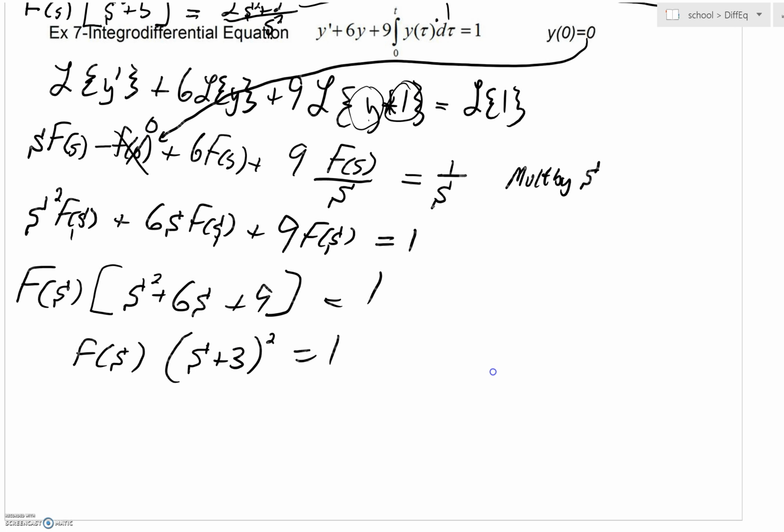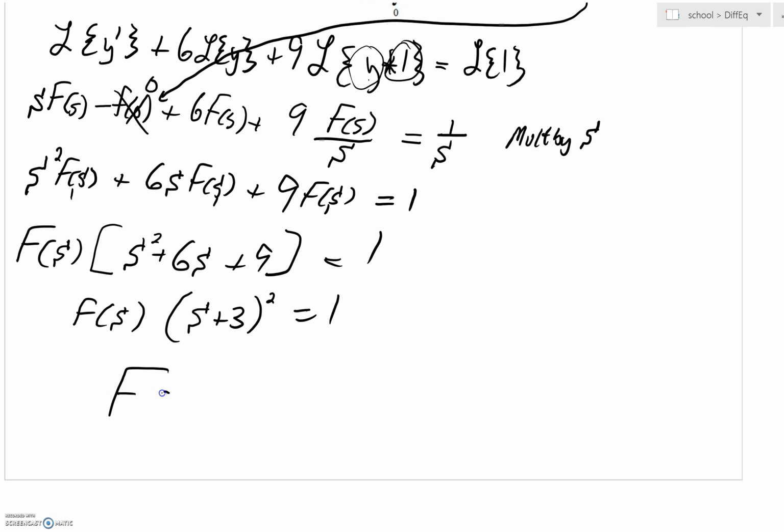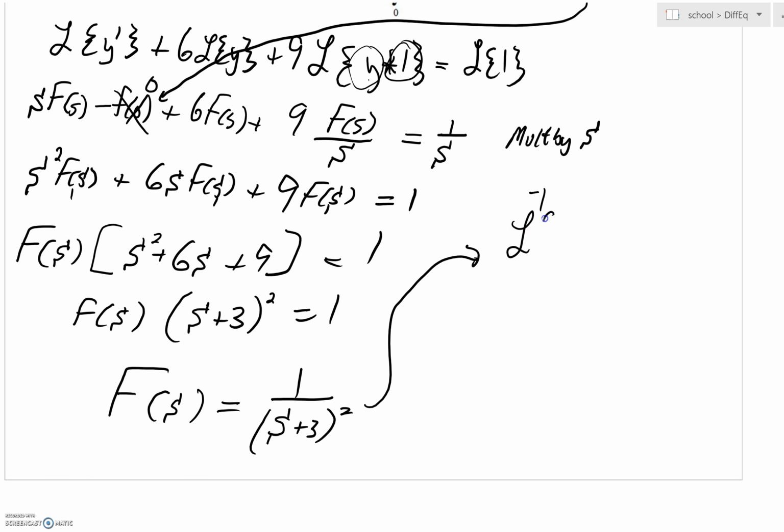And at this point, we're close to being done. Well, say our capital F of s is equal to 1 over s plus 3 quantity squared. So how do we finish? Well, we're going to go ahead and do an inverse transform now.